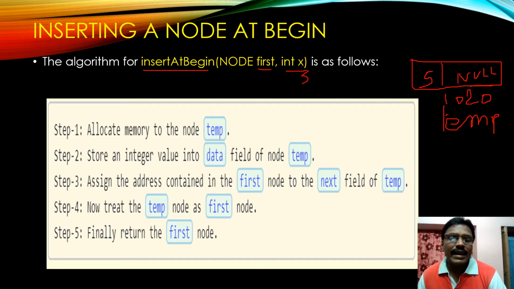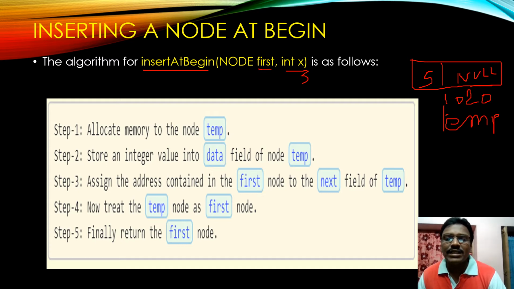Then assign the address contained in the first node to the next field of temp. It means the memory location of the first is stored in the next field of temp. It means the temp is now representing the first. Now treat the temp node as first.